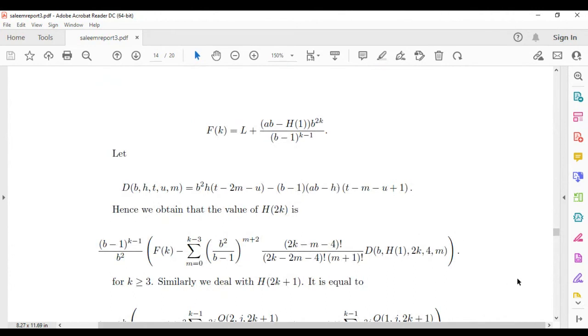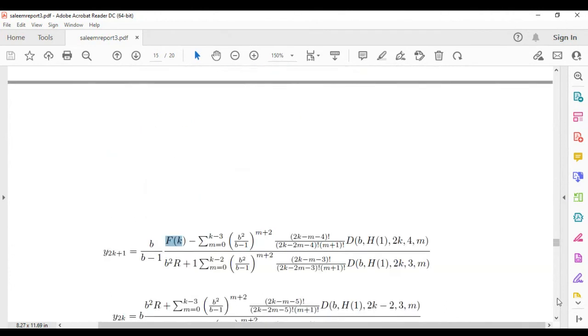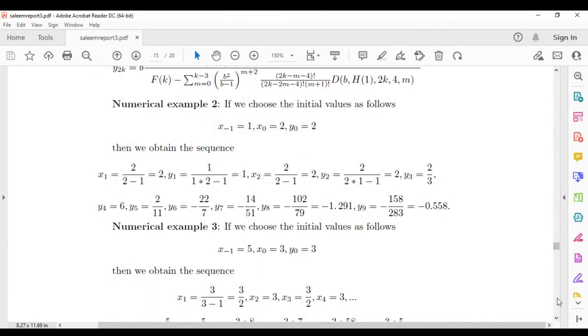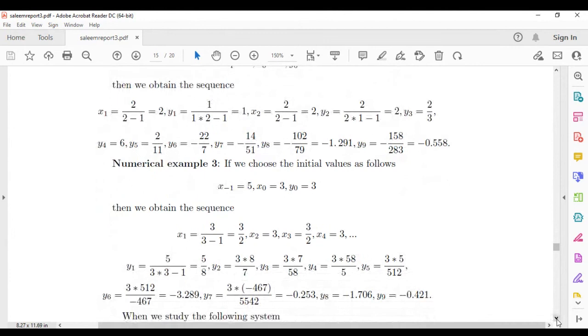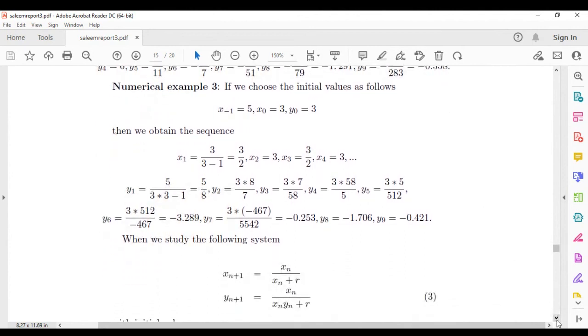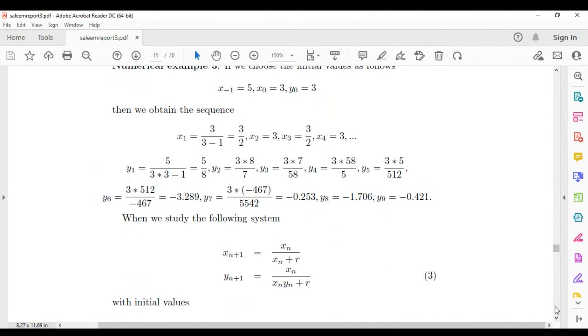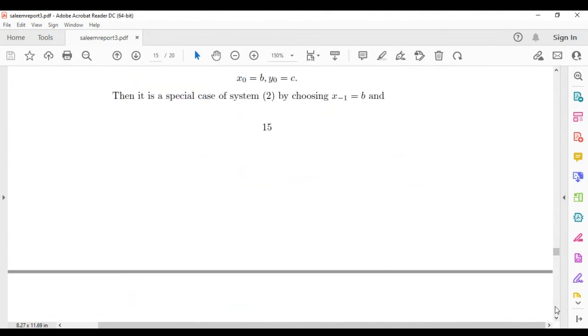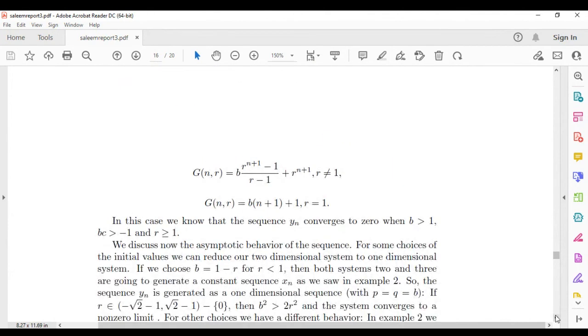And we noticed in the numerical examples that the limit will not be one value, rather it will be two values. So the sequence will reach a limit cycle with two values. We didn't prove that very rigorously.